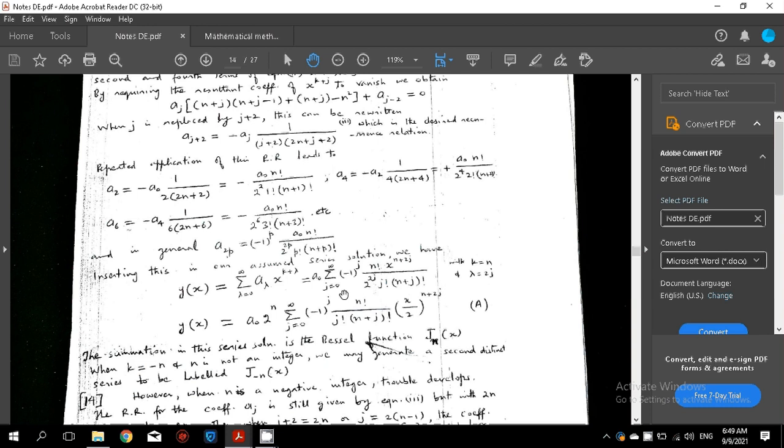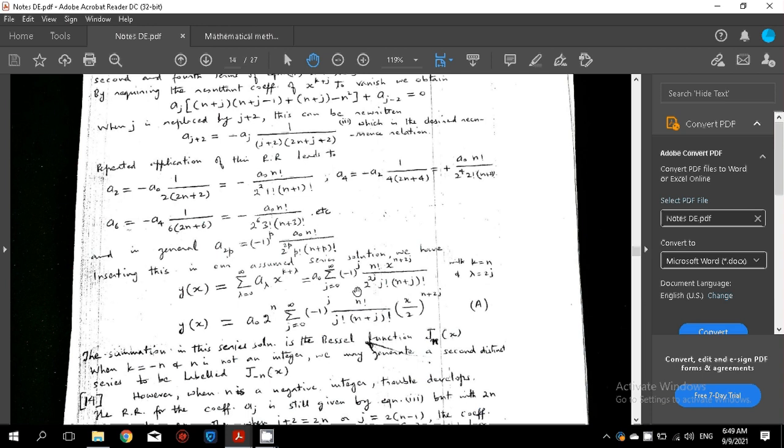Because these are even, we write the general coefficient a2p is equal to this, with k equal to plus n. Our first solution is obtained by putting these even coefficients and taking the odd coefficients equal to 0, because they are not present here.